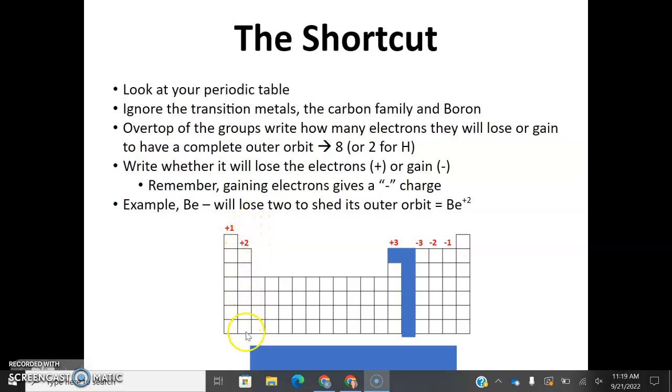Group 2 will have 2. 13 or 3A will have 3 valence. Group 14 will have 4. 15 will have 5. 16 will have 6. 17 will have 7. And then 18, of course, we know the noble gases are stable, so they have 8.